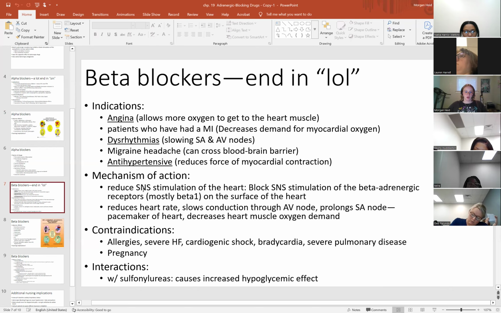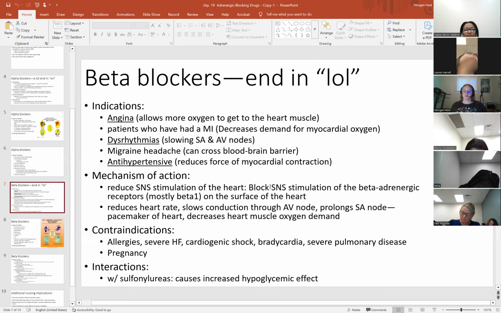My mechanism of action here is that it's going to block the beta receptor on the heart. The heart is my goal for it to block. However, it can block the beta receptors on the lungs. So that is a risk factor. When you see my contraindications, you're going to see severe pulmonary diseases like asthma, COPD, and things like that.